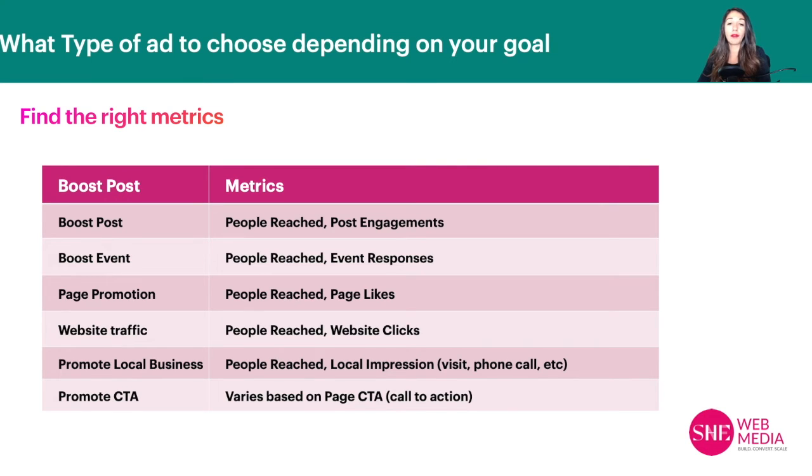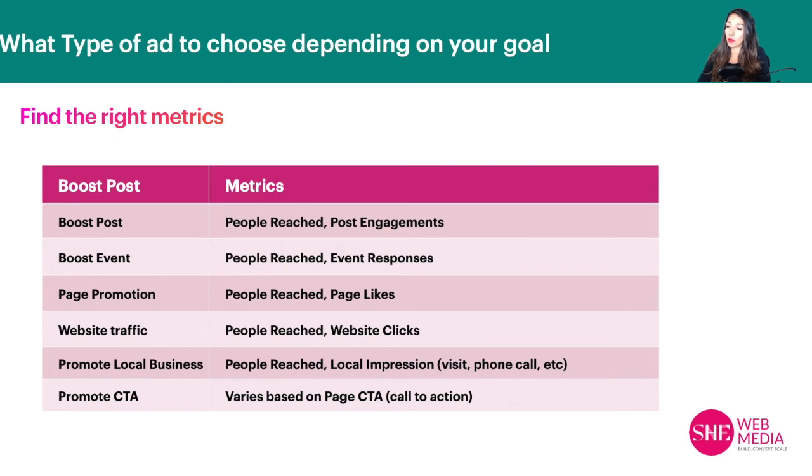And hopefully you have your pixel and everything else in place to make sure that when they land on your website, you can always go back to them and be in front of them and see how else you can help them, how else you can serve them. Promoting your local business, again, people reached. I'm going to repeat that over and over. And then your local impressions.